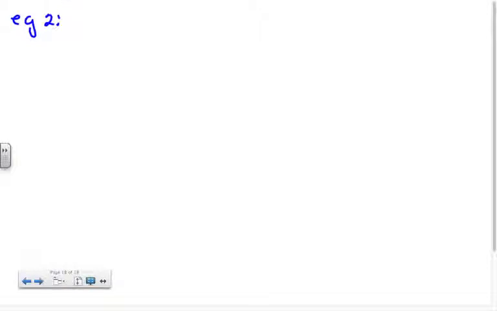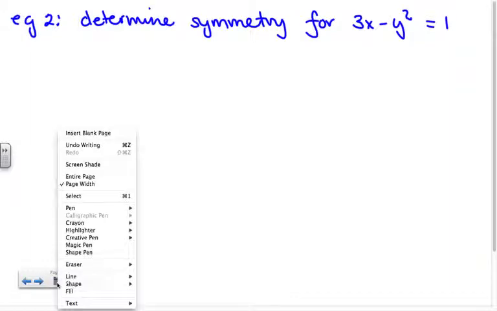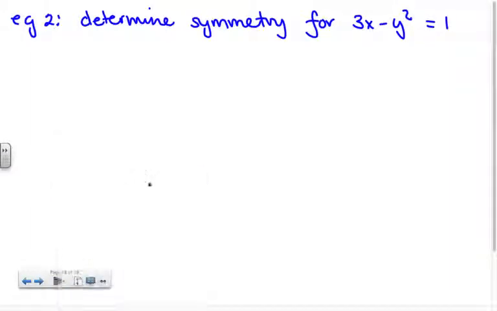Determine the symmetry of (3x minus y squared) equals 1. Now we do not need to solve this equation for y. We can leave it in what we call implicit form of equation.